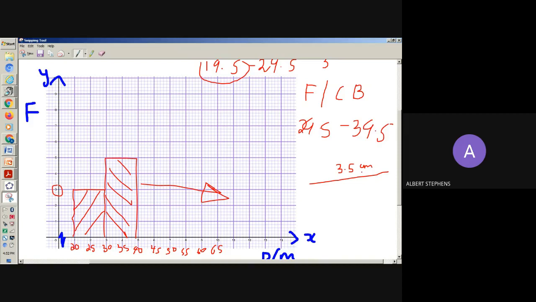But when you measure it with your ruler, you got 3.4. Suppose you get 3.4, they're not gonna mark it down. Suppose you get 3.3, 3.2, 3.1, 3.0. They're not gonna mark it down.